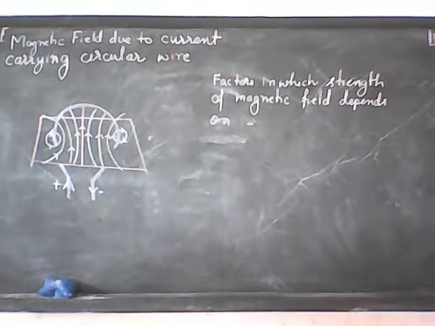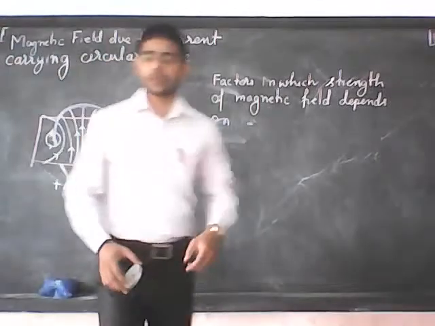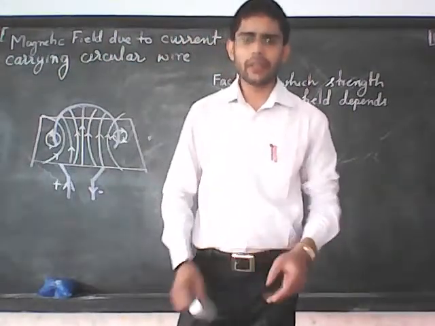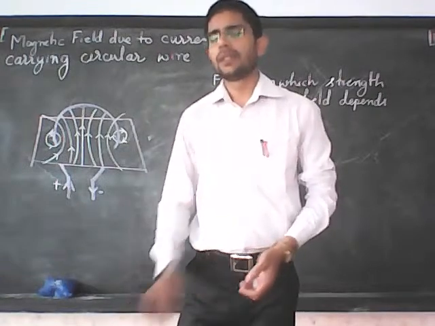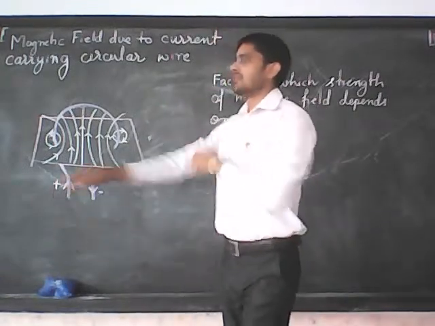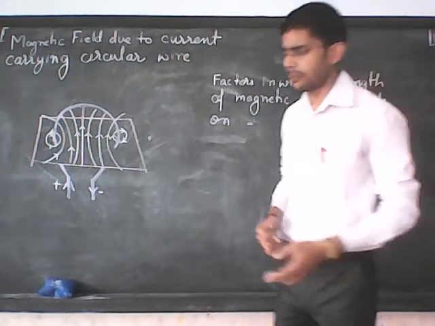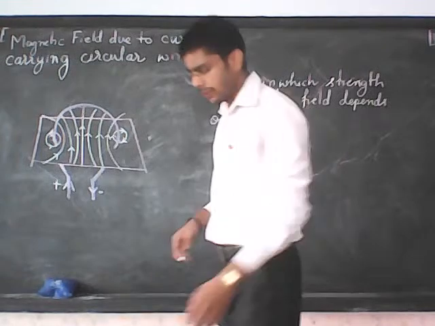So up to now, students, we have discussed magnetic field lines, and magnetic field due to the current carrying conductor, and the properties of magnetic field lines. So many topics we have observed.